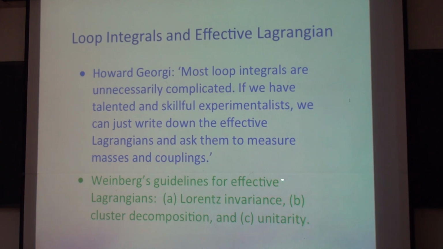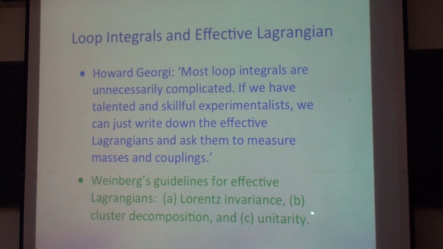Okay? And what are the guidelines we should follow to write down effective Lagrangians? Weinberg repeated this over and over again, that we should write effective Lagrangians with Lorentz invariance, cluster decomposition, and unitarity.